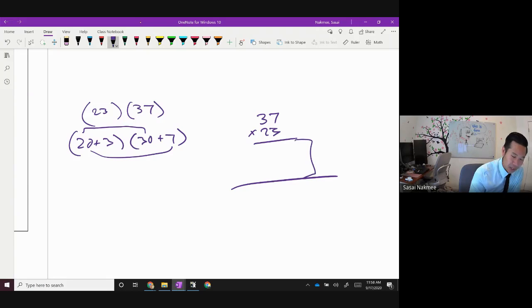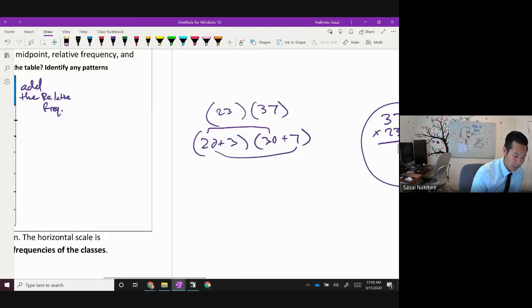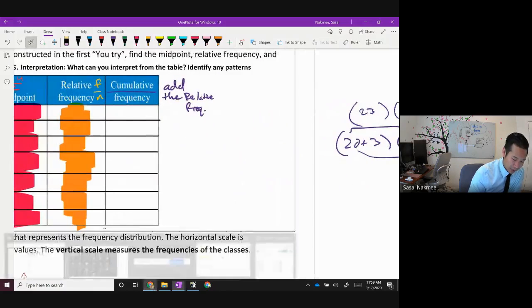This is how they used to teach us how to do multiplication, and they might have taught it to you guys as well. But just to be honest with you, I was joking earlier about making that Asian joke, like, I do math quicker in my head because I'm Asian. That's just a lie. I do math quicker in my head because I've just done a lot of math problems before. I don't do multiplication like this if I want to do it fast. I do it this way. And the reason why it's slower is because she was teaching it. But the point I'm trying to make is this.